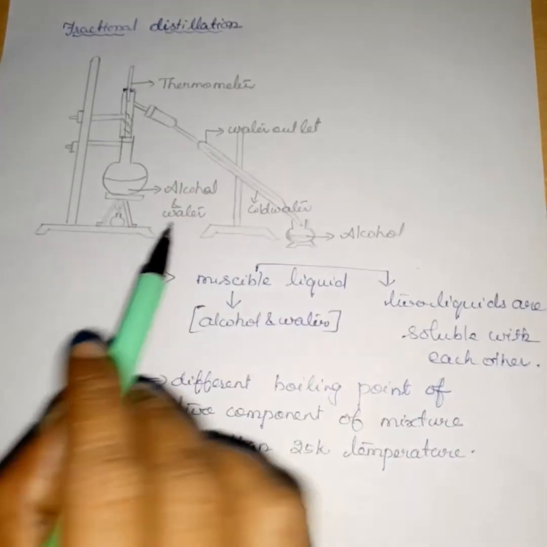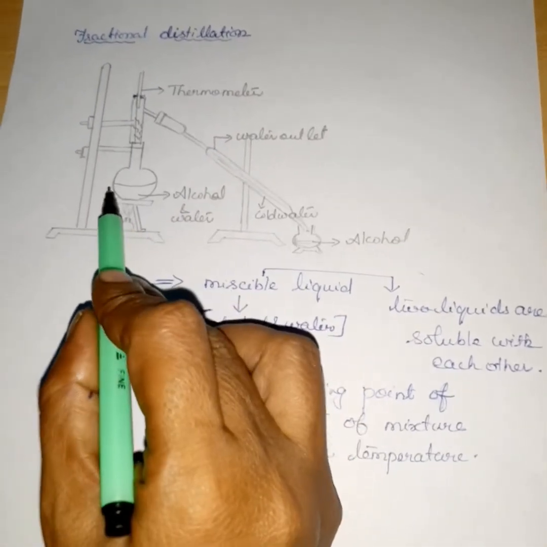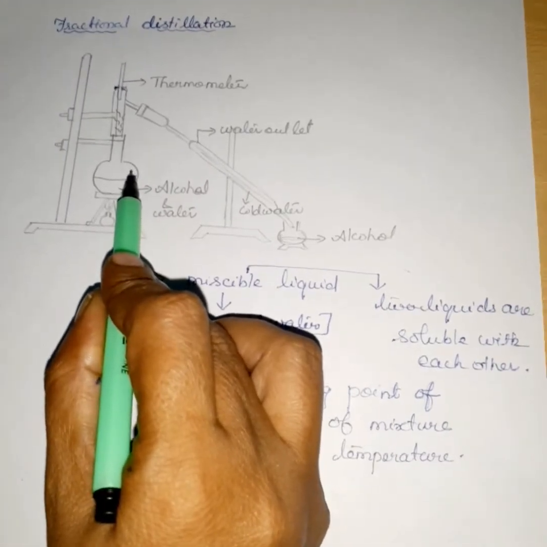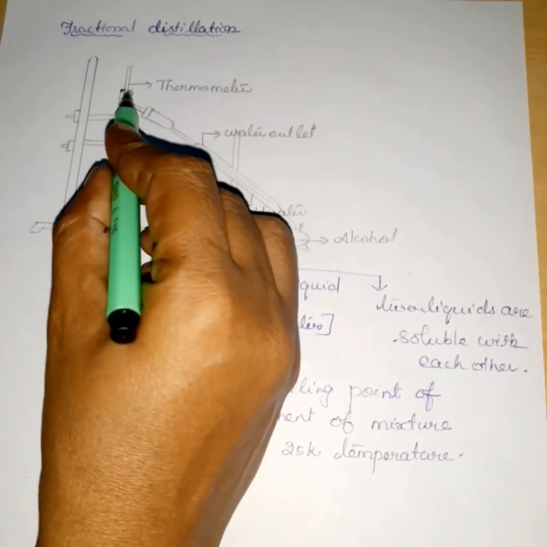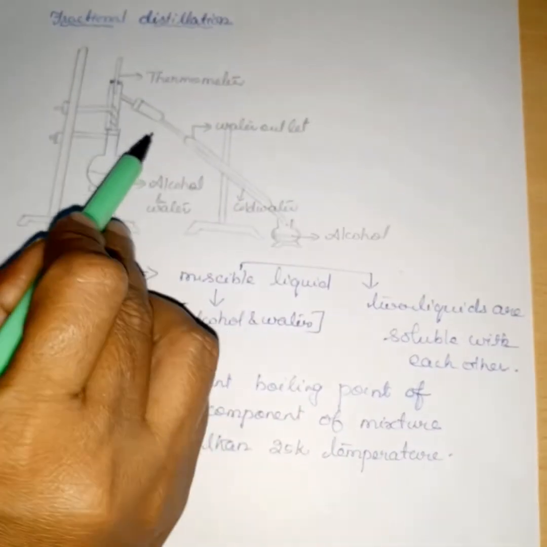Here you take alcohol and water in the fractional distillation flask. You fit the rubber cork, the thermometer and the condenser.